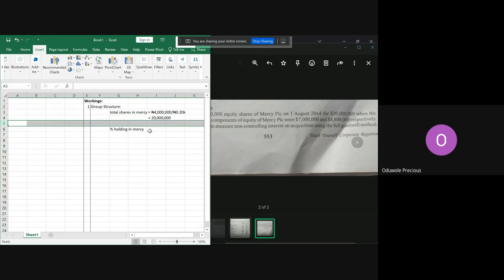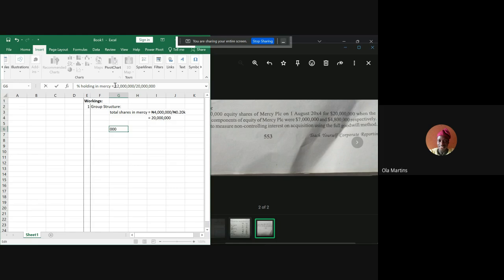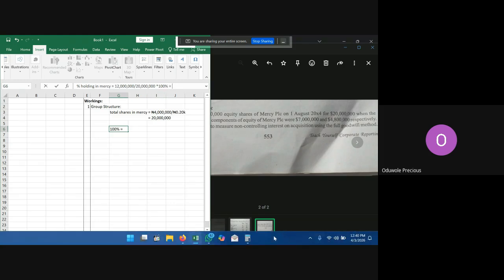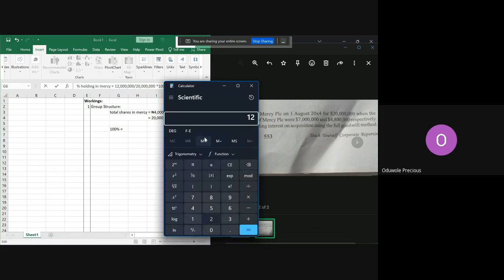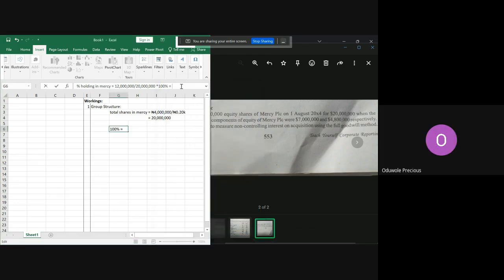Okay, this is okay. So the percentage holding in Messi will now be, I think we can get that easily now. That will be 12 million, the number of shares which they acquired, divided by the 20, times 100%, which will give us what? 12 divided by 20 is 0.6, that's 60%.